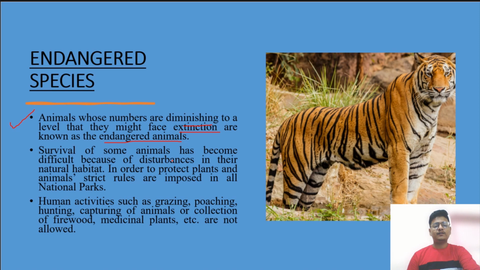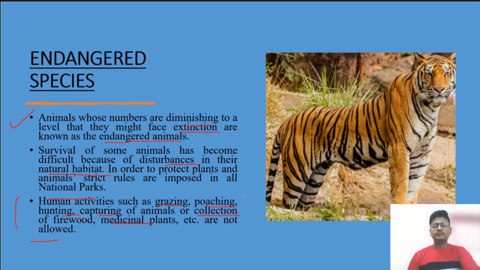Now survival of some animals has become difficult because of disturbance in their natural habitat, and in order to protect plants and animals, strict rules are imposed in all national parks. So human activities such as grazing, poaching, hunting, capturing of the animals, or collection of firewood, medicinal plants, etc. are not allowed in this biosphere reserve.